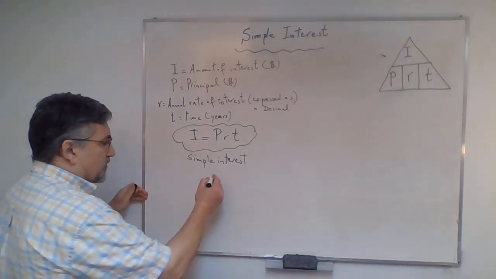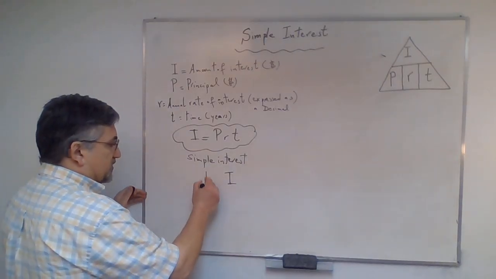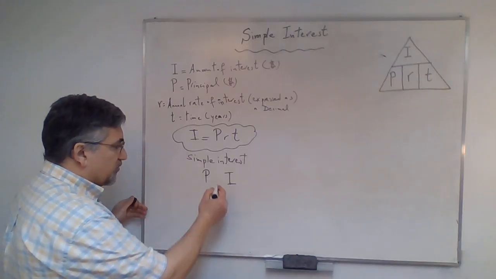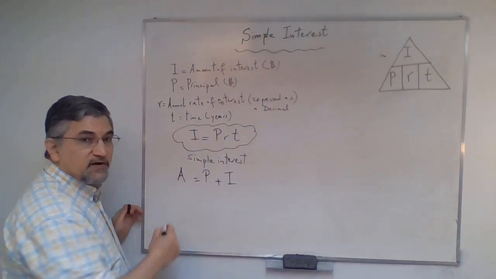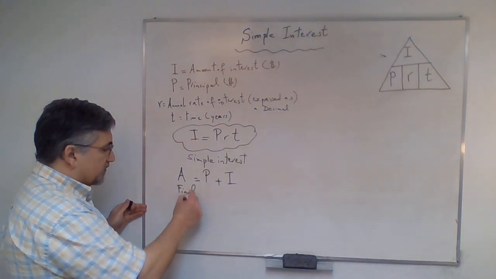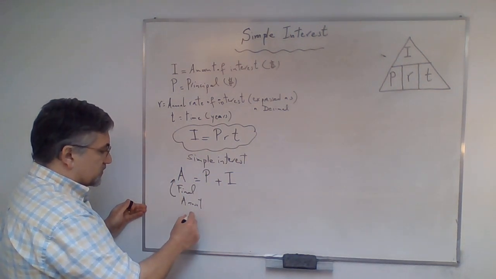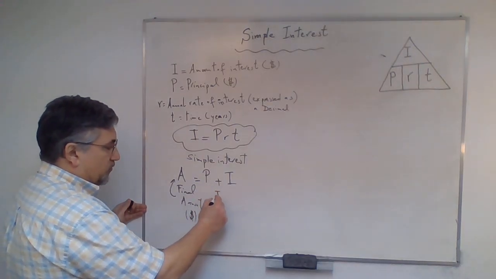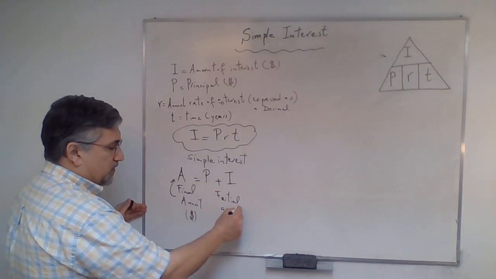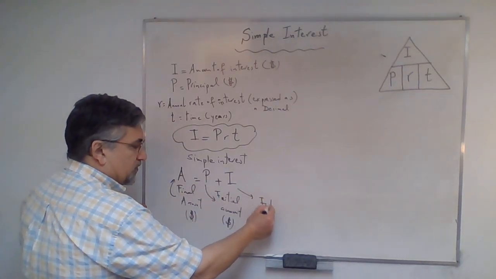Now, when you have received the interest and you initially had, of course, P dollars, nothing happens to your initial principal. When you add them up, that gives you the final amount in your bank account. So A stands for final amount in your account, and P is, of course, the principal, which is actually the initial amount in the account, and I stands for interest.